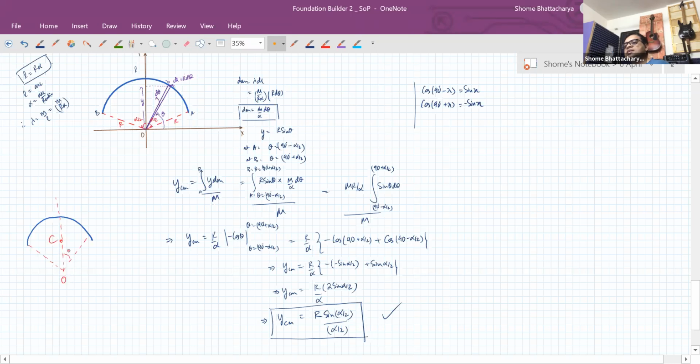So this angle is alpha by 2, this angle is alpha by 2. Then that distance OC, that is equal to YC, which is this much.